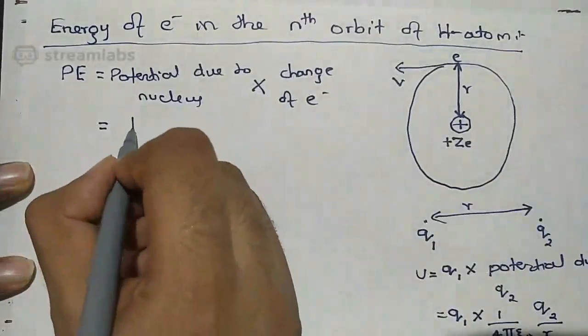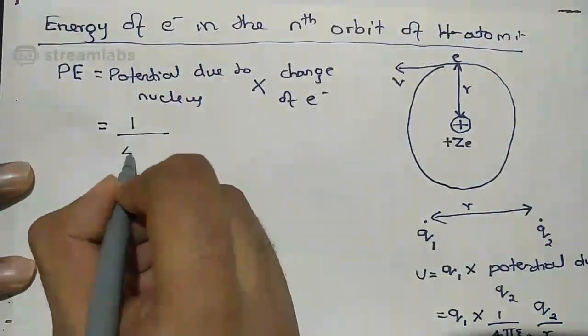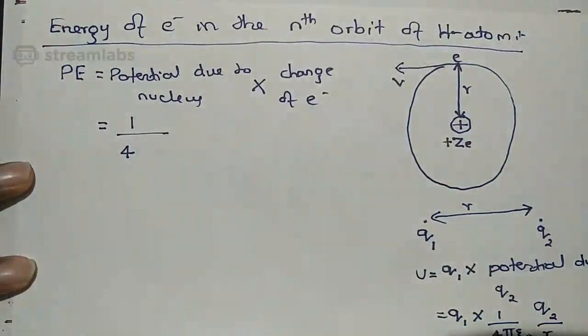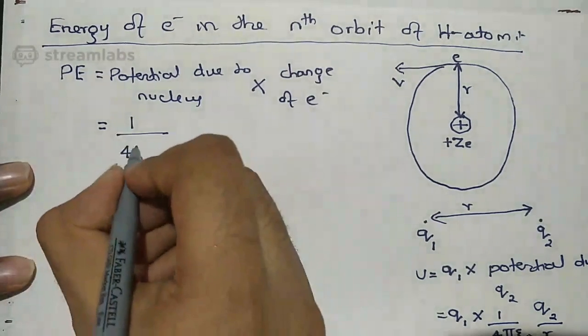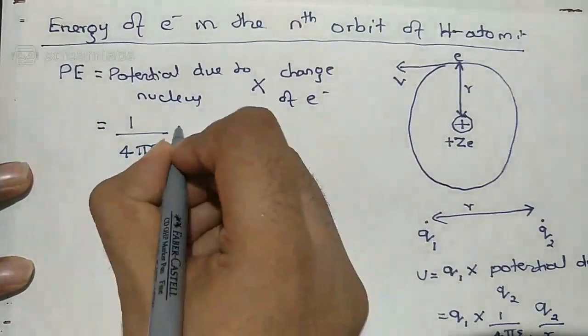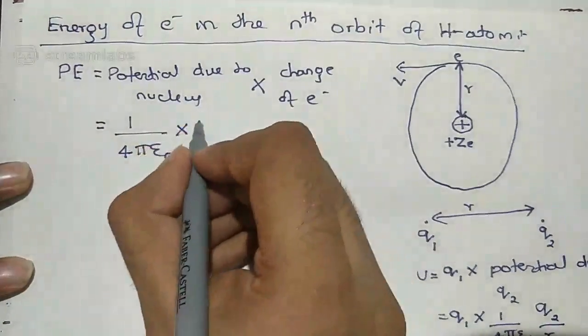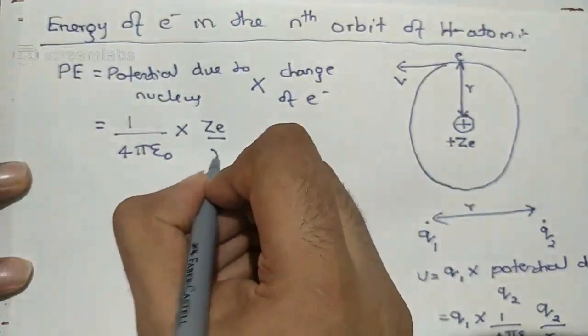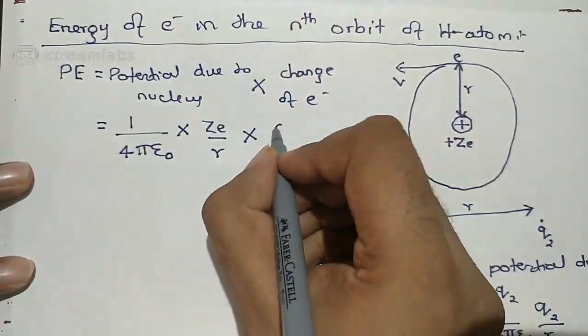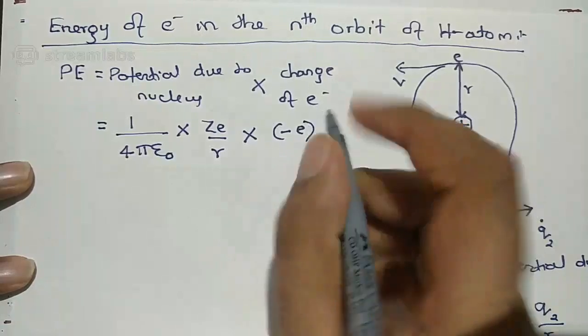What is the potential due to the nucleus? It is a positive charge, so the potential is positive: 1 by 4 pi epsilon naught into Ze by R, into the charge of the electron, which is minus e.